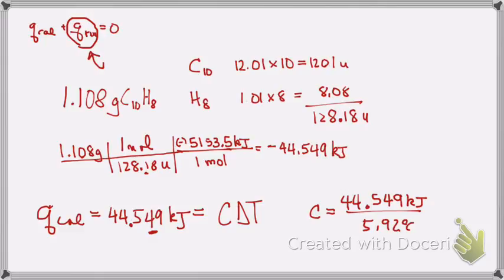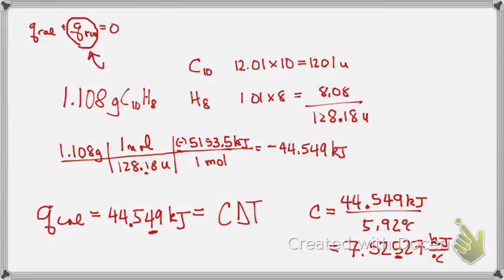That comes out to be 7.527, and that's in kilojoules per degree Celsius, and then 4 sig figs. I'm actually going to use this number in another problem, so I'll round it at the very end.